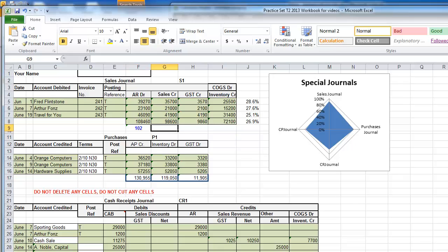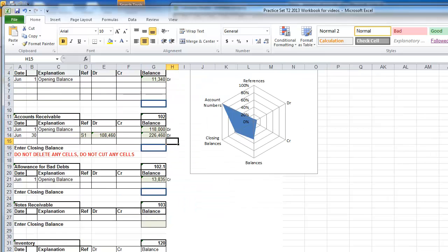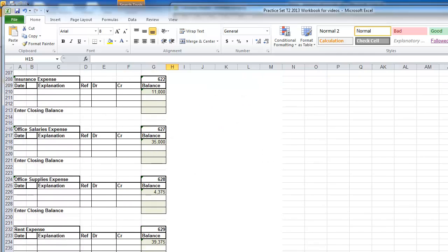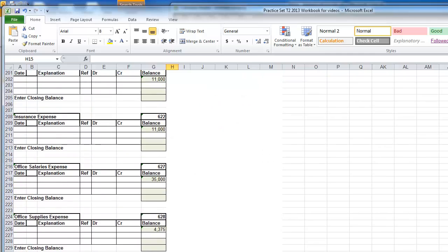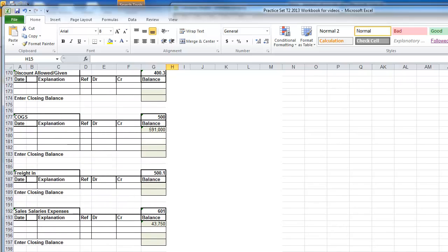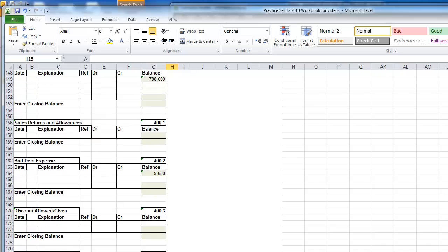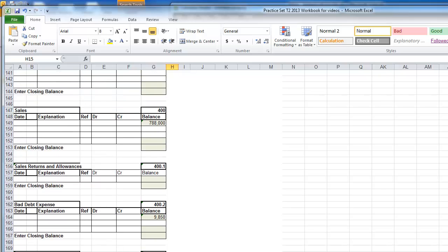Now we do the same for sales. Sales, general ledger, 98,600. Getting close now. Sales, 30th of June, or do we have June 30?